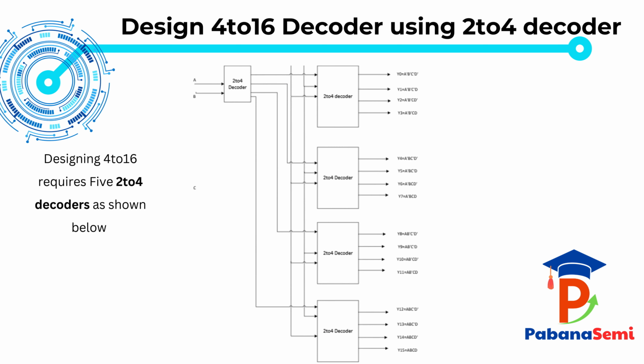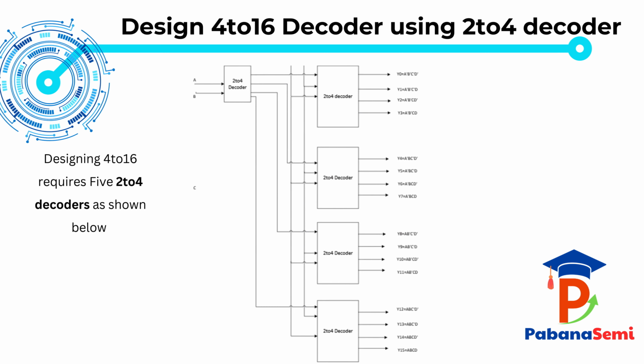If AB equals 01, the second block is enabled, producing Y4 to Y7. If AB equals 10, the third block is enabled, producing Y8 to Y11. If AB equals 11, the fourth block is enabled, producing Y12 to Y15.